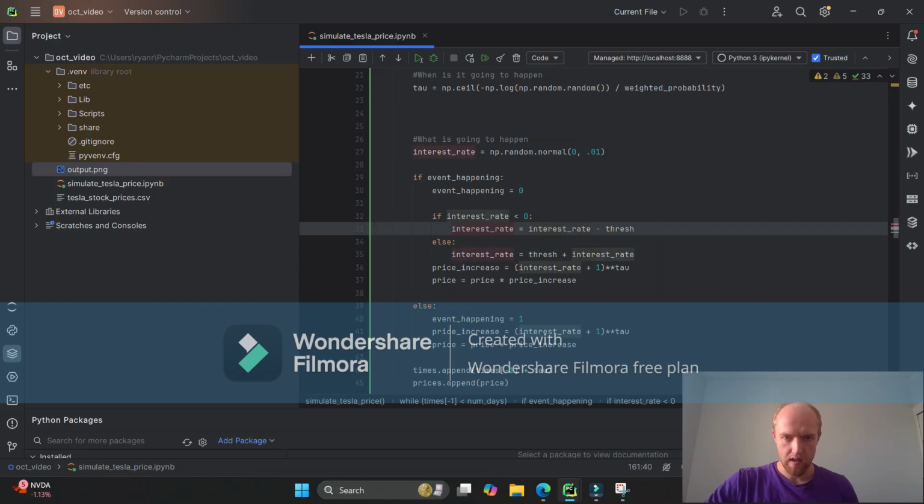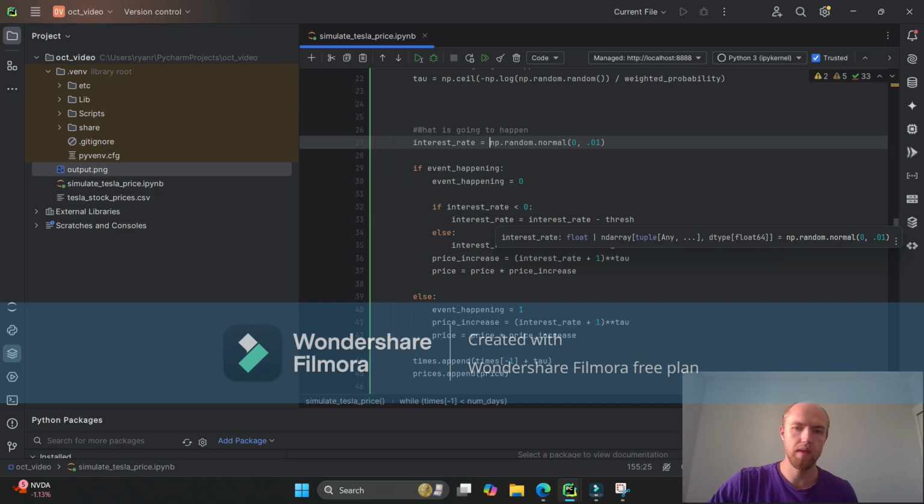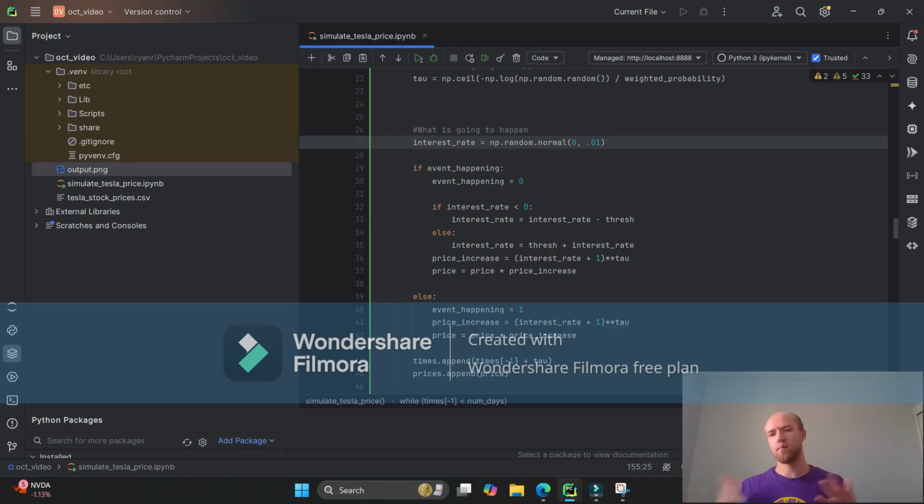because it means that there's an event going on. Okay, there's one last caveat in this calculation, and it is that the interest rate can be up and it can also be down. That determines whether the event is a price increase or a price decrease. I did no data analysis on whether it's more likely for Tesla to have up events or down events. I just said that that's 50-50.